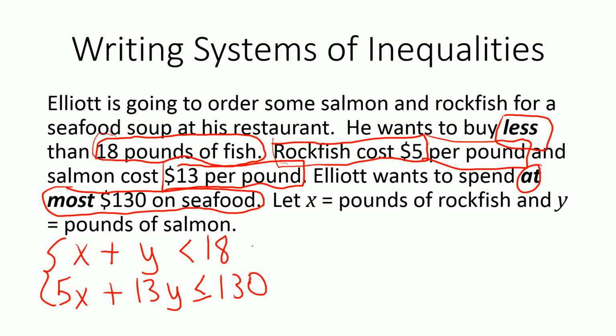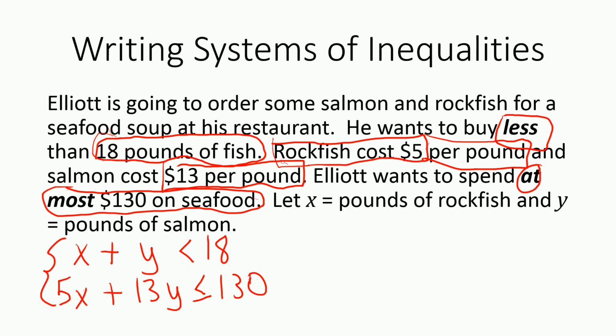and those would be my possible solutions to this system. So when it comes to systems of inequalities, sometimes it's not quite clear where each one is, but if you can pick out things like this, when it says pounds of fish, well, that means that rockfish and salmon are together. That's a sum of those 2. That has to be less than 18. Then we just add the 2 variables.